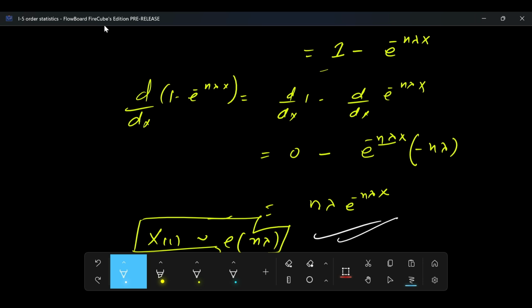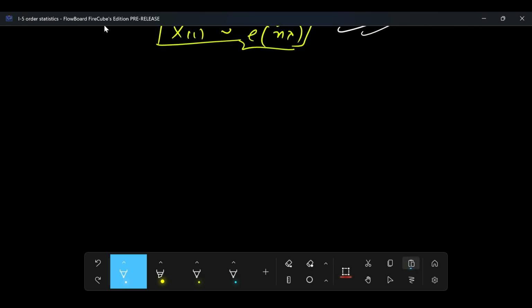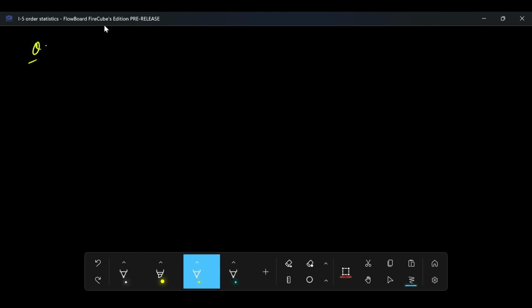Hence proved. Now another question. If we are given f of x is equal to e raised power minus x, x is greater than or equal to 0, lambda is equal to 1, then the CDF of xn, that's F of nx, is equal to 1 minus e minus x raised power n.